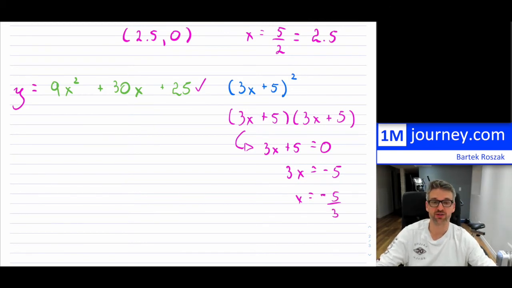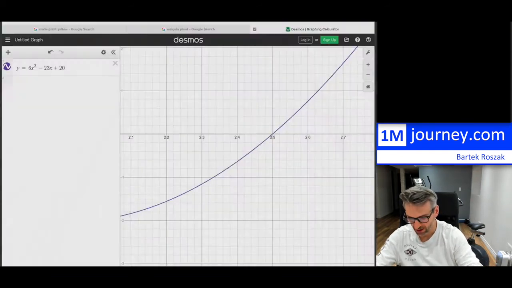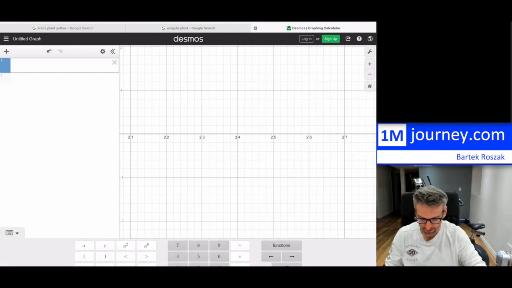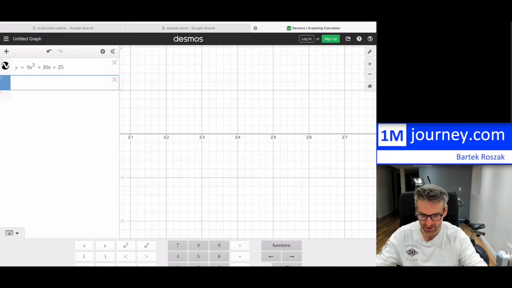That's negative 1.666 and so on. Let's see it. So this is 9x squared plus 30x plus 25. Let's do that. y equals 9x squared plus 30x plus 25. And let's see what happens here.